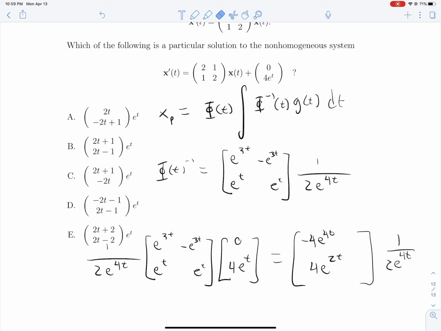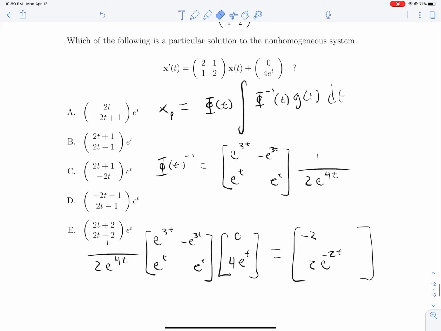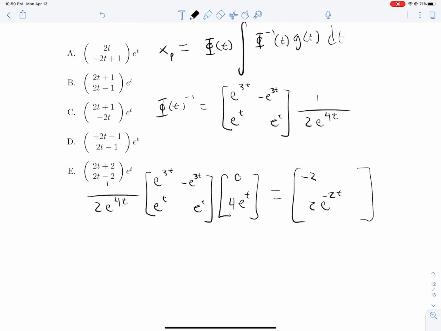So dividing out our 2e to the 4t, both of these will become coefficients of 2, and then here we'll just end up with negative 2, and here we'll end up with e to the negative 2t. So now all there's left to do, actually it's a lot, is take the integral of negative 2 to e to the negative 2t dt.